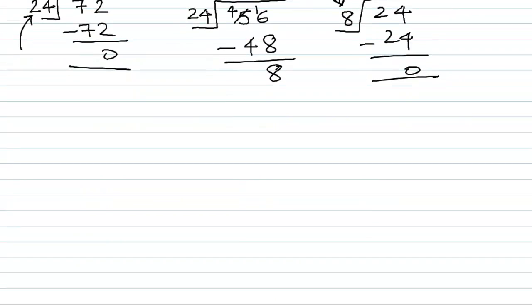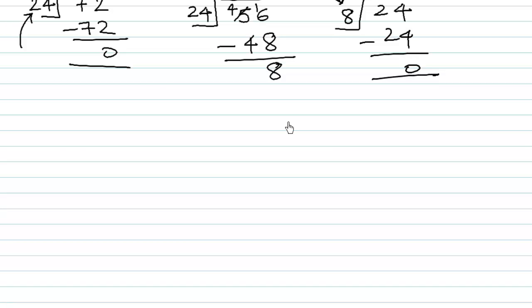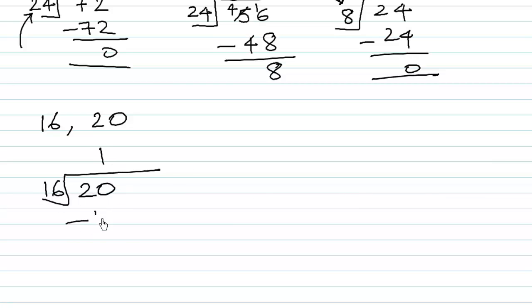Let's take another example. Some of you may still be confused. So let's take the example of 16 and let's take 20. So we're going to write the bigger number inside and the smaller number outside. And 16 ones are 16, because 16 twos are 32, sorry, will be a very big number. And the remainder is 4. Now we are going to write this remainder 4 as a divisor, and this divisor 16 will become the dividend.